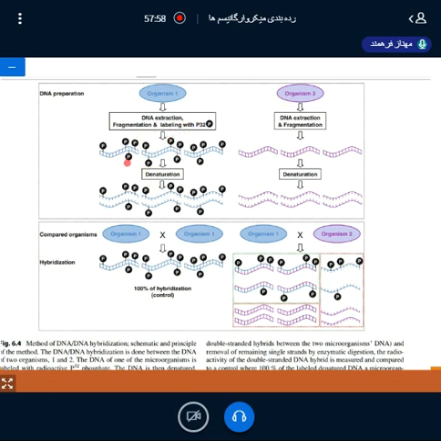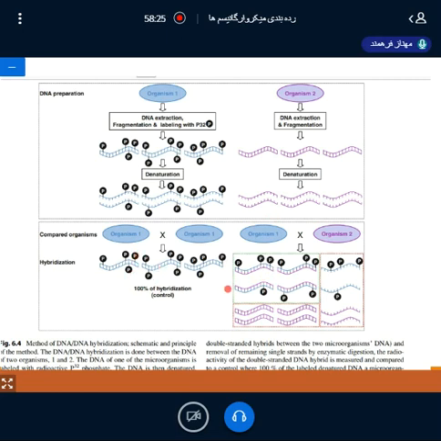Fragmentation and labeling with phosphorus 32, you can see here. We have double strand. Here we first label this, then denaturation is done for organism number 1 and 2, and then we have a single strand, so we can do the hybridization.